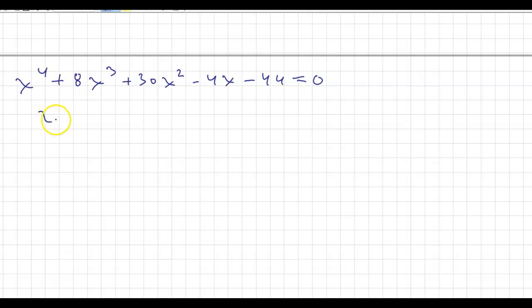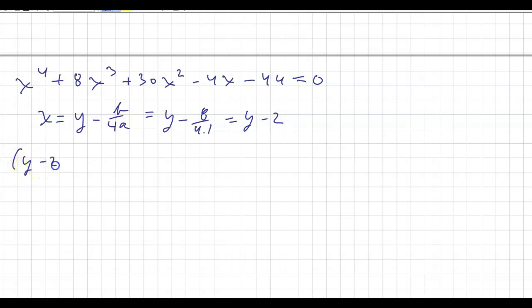Well, a similar trick works for quartics. If I replace x with y minus b over 4a, which in this case is y minus 8 over 4 times 1, which is y minus 2.